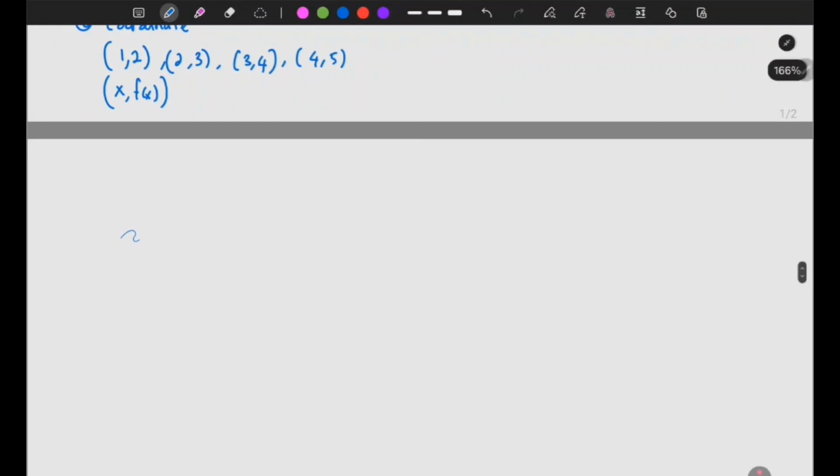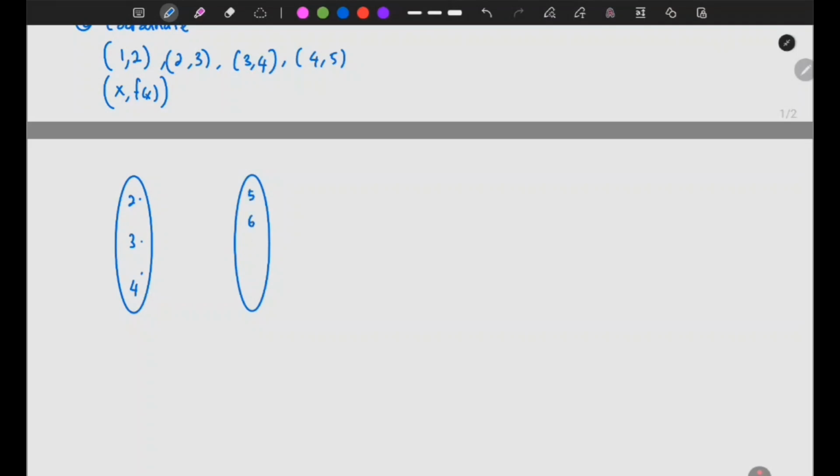So for example, I have an arrow diagram. 2, 3, 4. Exam might also ask this type of question, so it's important. 5, 6, 7, 8. So 2 becoming 5. So this is an example.